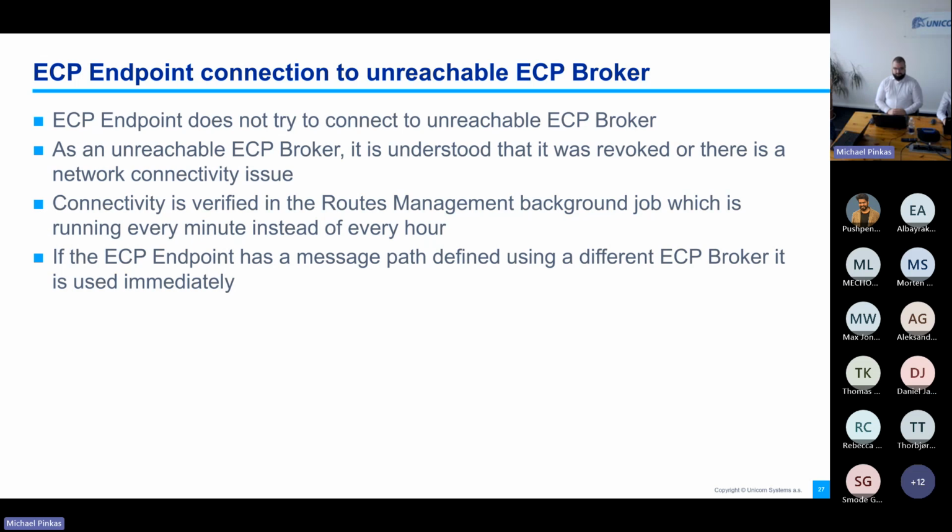In case the broker is inaccessible, any other accessible broker will be used immediately. This behavior is basically very similar to before. It's just about the connection to the broker, which, in case of some network connectivity issue, would overwhelm the logs.